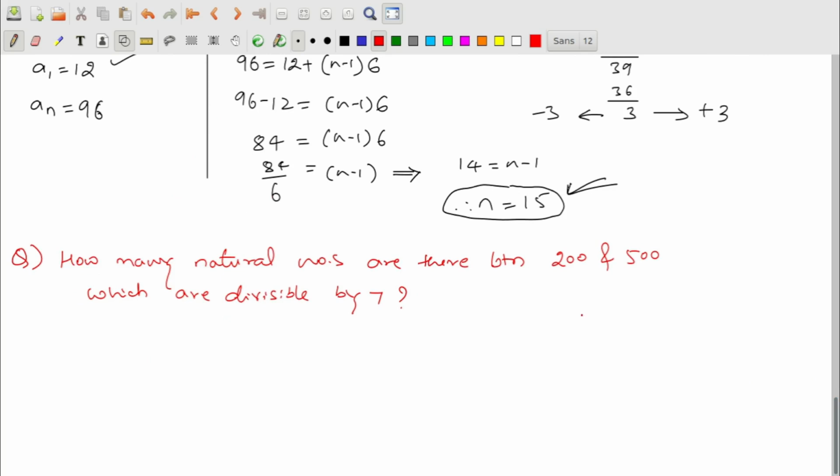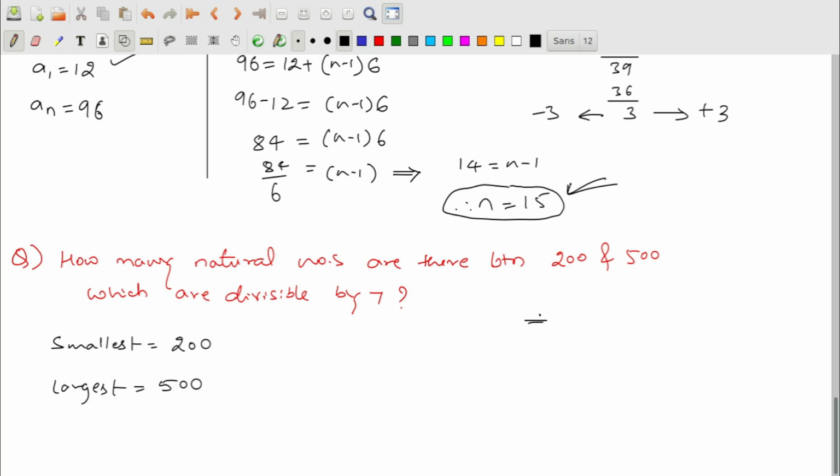What is the smallest number? Here the smallest number and the larger number both are given. The smallest number is 200, and the largest number given is 500, but 200 is not divisible by 7, and even 500 is also not divisible by 7.